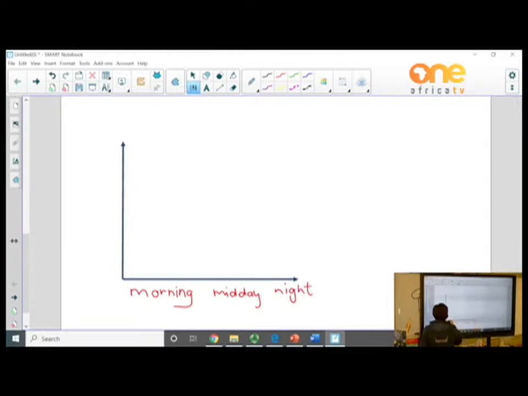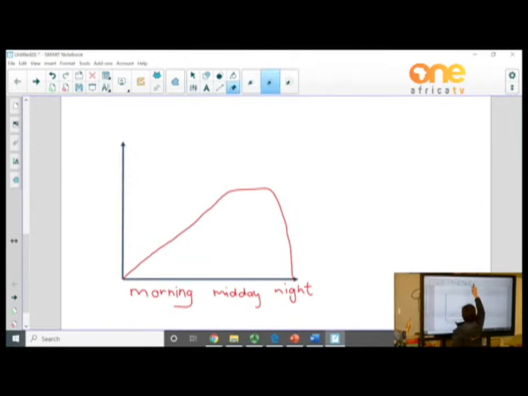We will experience that photosynthesis will increase, it will reach a high point and then it will decrease, and in the night, let me do it a better way.